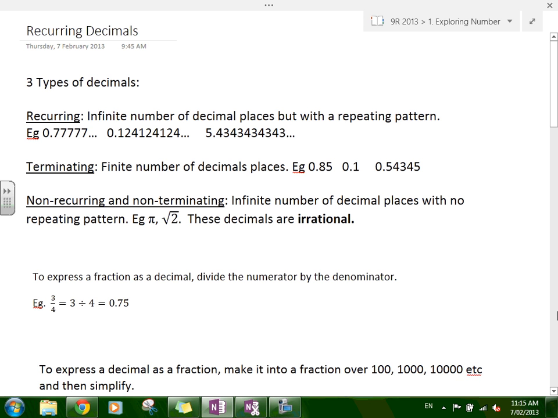It goes between decimals and fractions. If you ever want to do it manually, you can do long division and divide the numerator by the denominator.